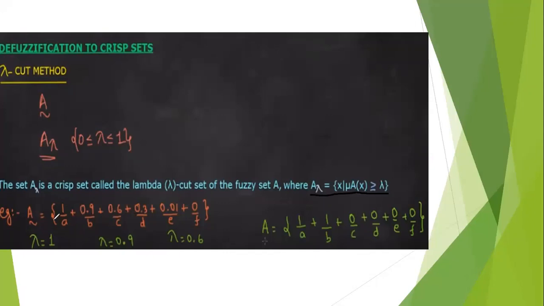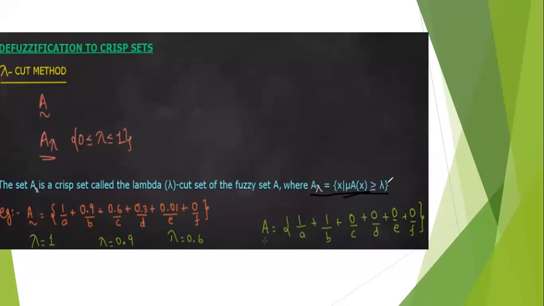Suppose A is given as 1/A + 0.9/B + 0.6/C + 0.3/D + 0.01/E + 0/F. If you are considering the case of lambda equal to 1, the membership function value corresponding to this x should always be greater than or equal to lambda.